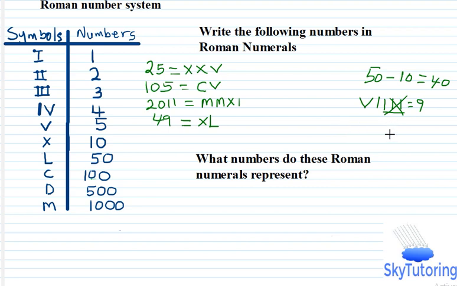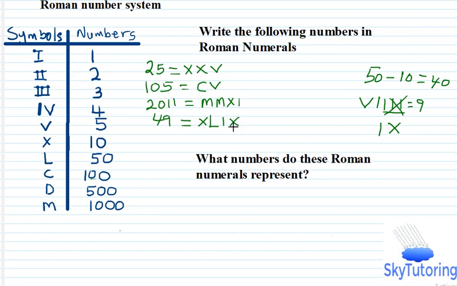Rather, the way we will write it is we know 10 to be X, okay? So we will write 1 less than 10, okay? So the small symbol is always before the bigger symbol. So anytime you see a smaller symbol before a bigger symbol, just know that those 2 symbols are a single number. Okay, so this is 9. So this is how we will represent 9 in the Roman system.